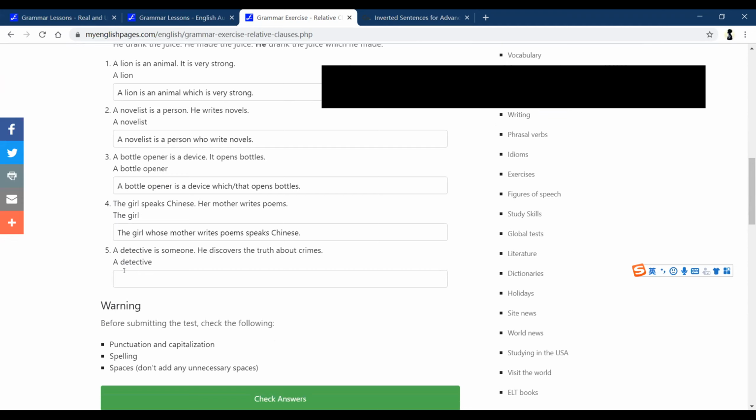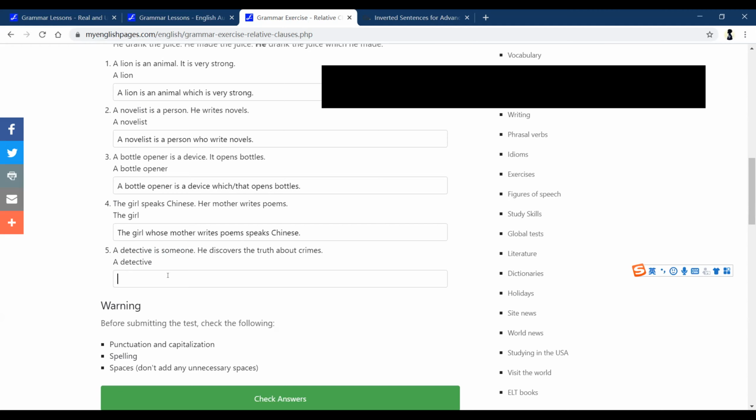And for the last one, a detective is someone, and he discovers the truth about crimes. Yeah, it literally means this, and it's strange that it's saying that a detective is someone because we don't usually say that.